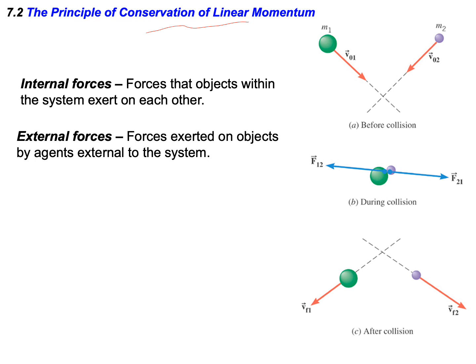Before we talk about the equation, let's talk about internal forces and external forces. These two are very similar to what we talked about in the previous section, conservative forces and non-conservative forces. Let me give you an example. Let me draw a flat surface and two objects.